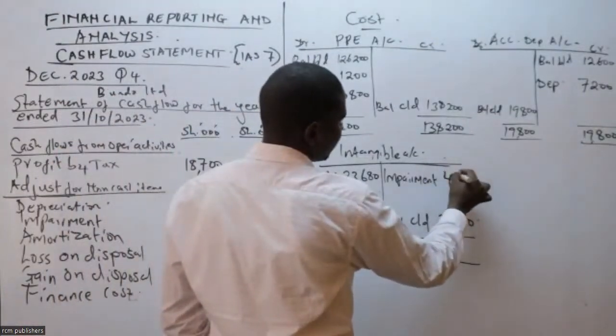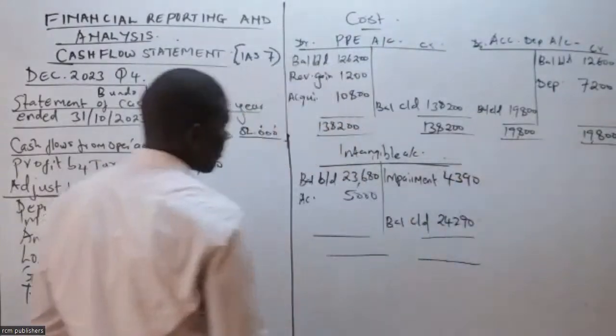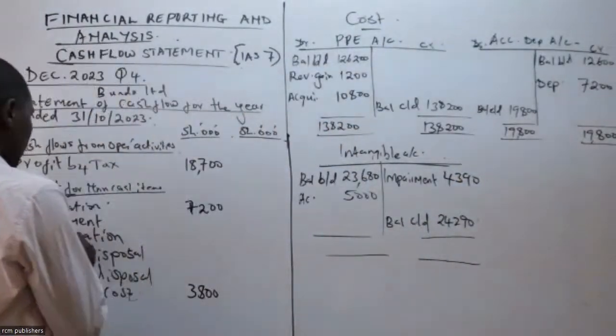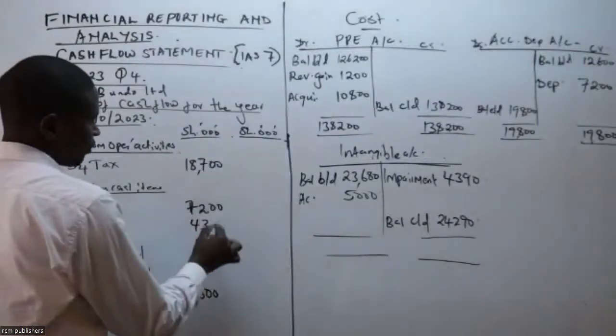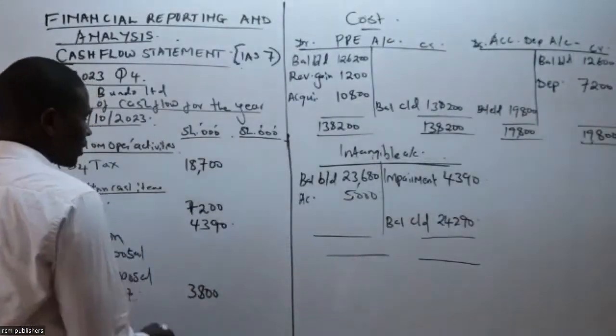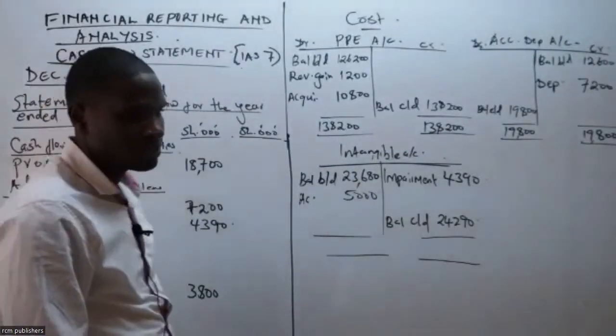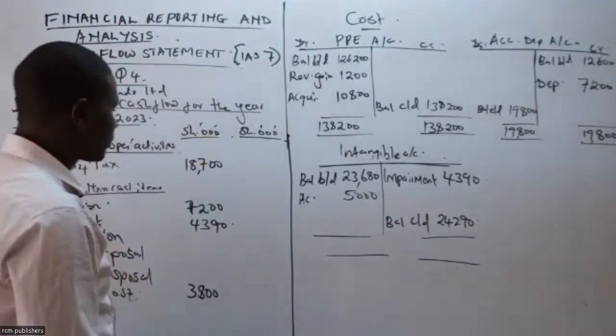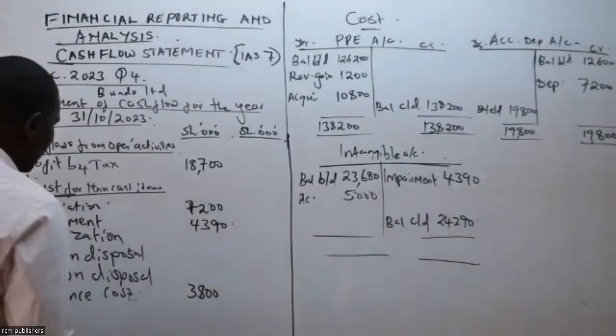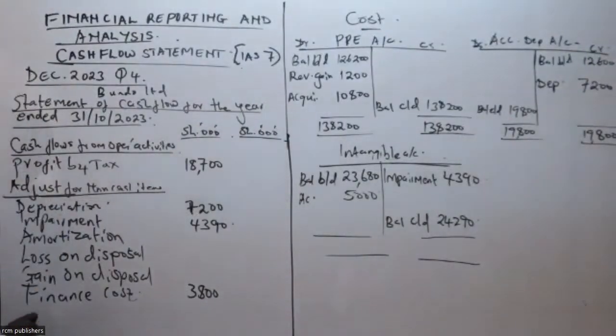So the impairment is 4,390. Remember, impairment is subtracted, and therefore we shall be adding it back to our profit before tax. And then we go to the changes in working capital.